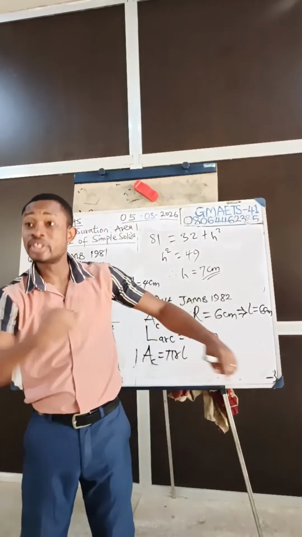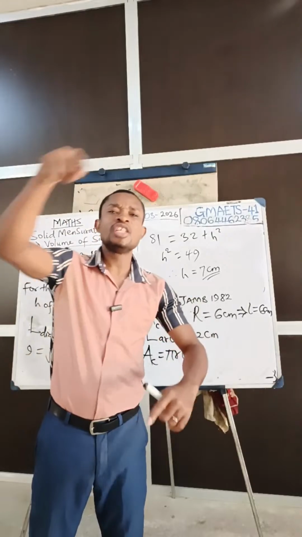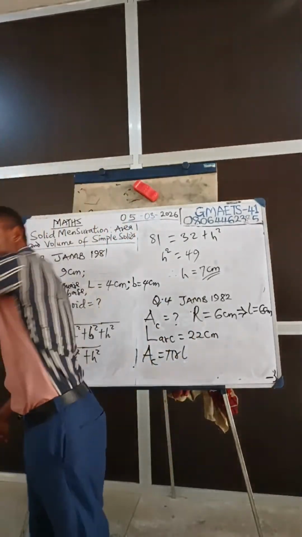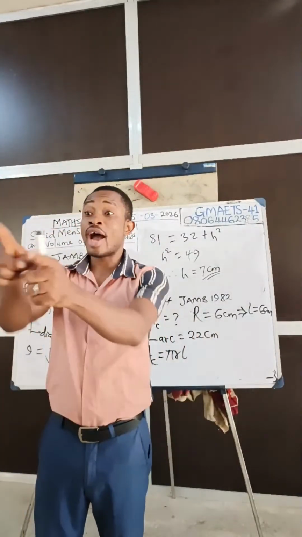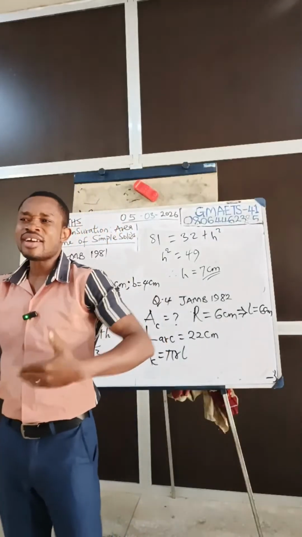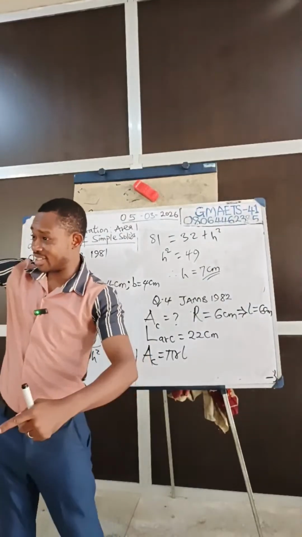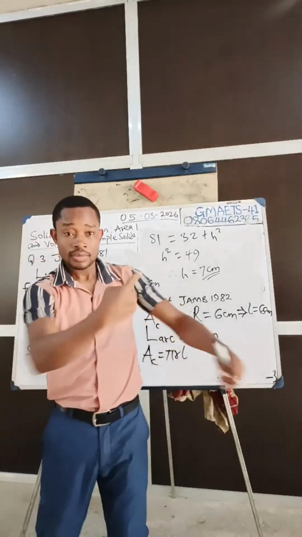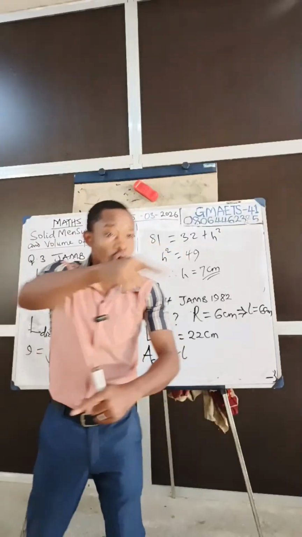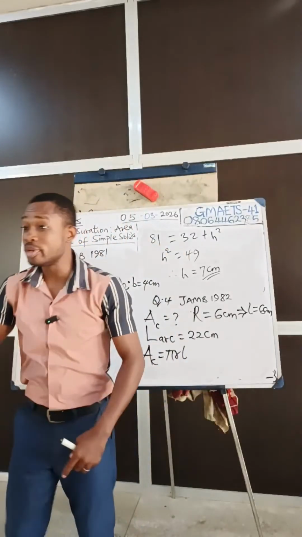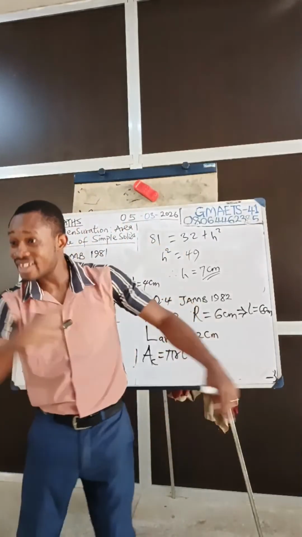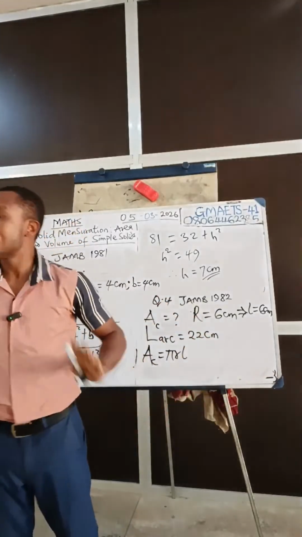This circle, which is the base of the cone, is gotten from the arc length of the sector, is that not so? They now gave you the value of the arc length, true or false? You know it is the arc length that gives you the circular base. So the length of the arc must always be the circumference of the circular base.